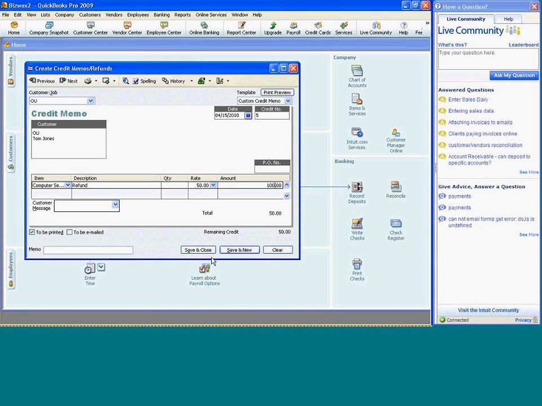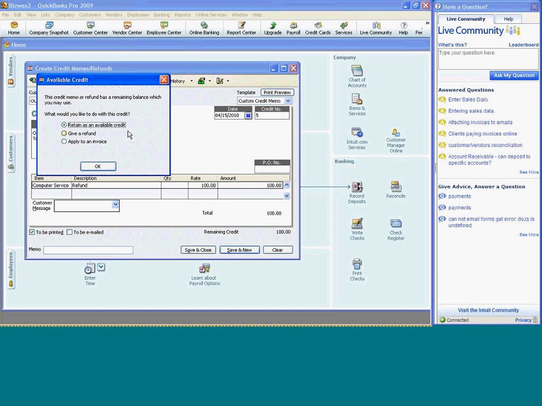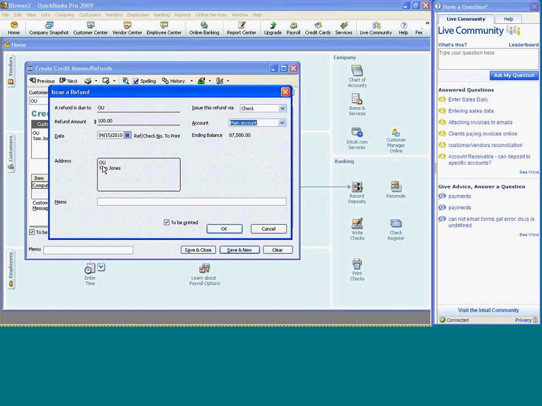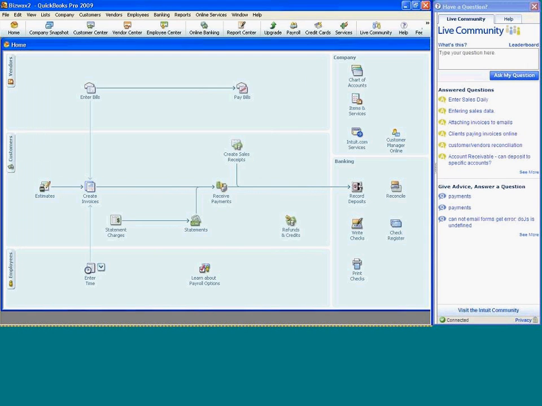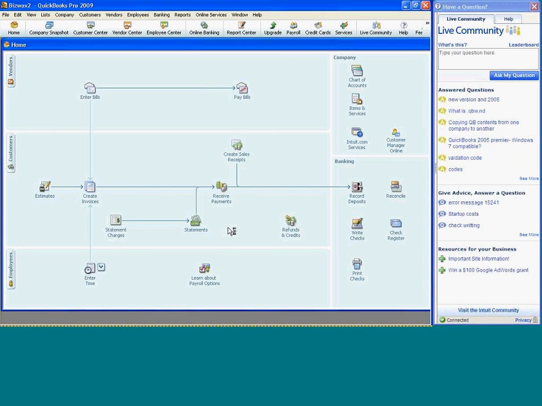So that's a refund that we can give them. Let's say they overpaid us. So the idea is return it as available credit or give us a refund. So I'm giving them a refund, and say to be printed, and then we will mail it to them. Okay, so that's the idea over here.